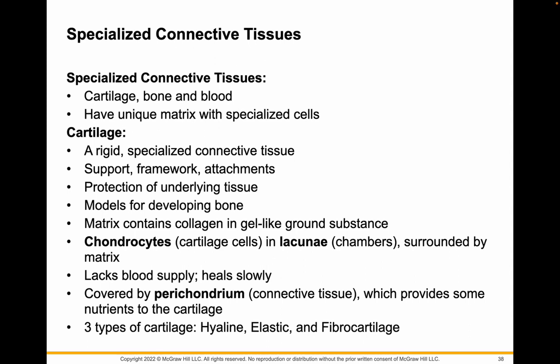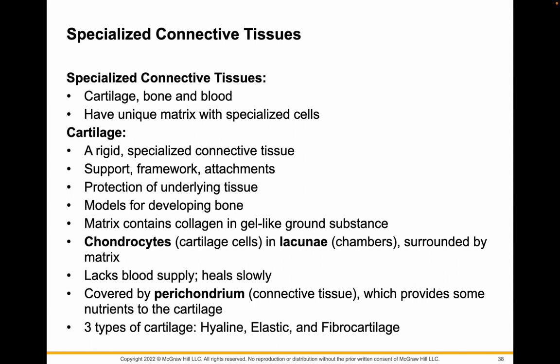Okay, and now let's go to the specialized connective tissues, the ones that are easy, and honestly, I'm going to ask you more questions about. So we're talking about cartilage, bone, and blood. What makes them specialized is they have this really unique matrix and usually specialized cells.